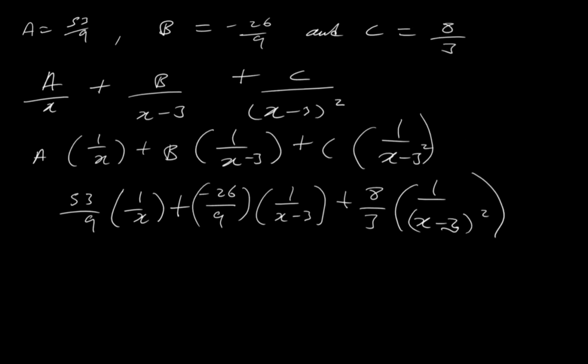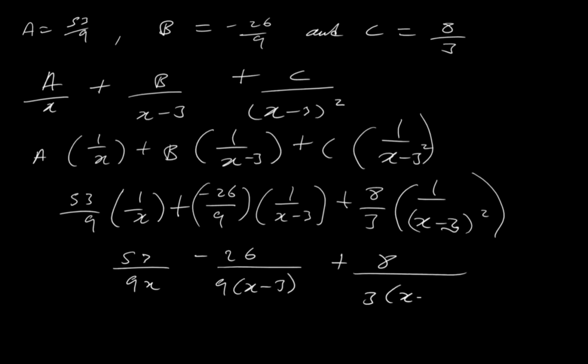Squared, like that. So you have 53 over 9x minus 26 over 9 times x minus 3. Then you have plus 8 over 3 times x minus 3 squared. And that's your decomposition. Took us long enough. But anyway, it is what it is. We found the final answer. Wonderful.